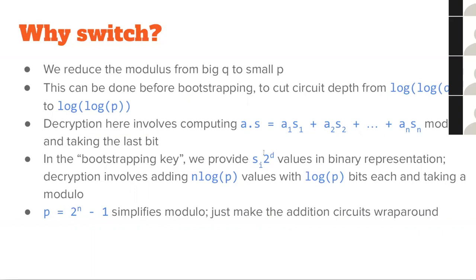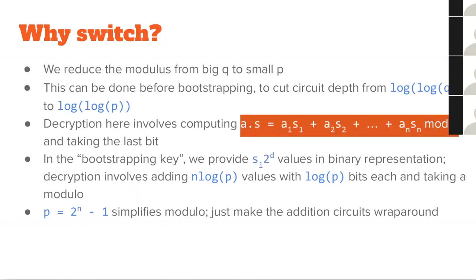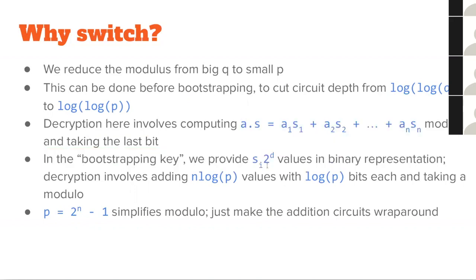Cool. So in the bootstrapping key, the way that we do it, bootstrapping is just computing this dot product mod p as a circuit. To make this computable, you provide Si times 2 to the d values, modulo p, in binary representation, so you have n log p numbers in binary representation.